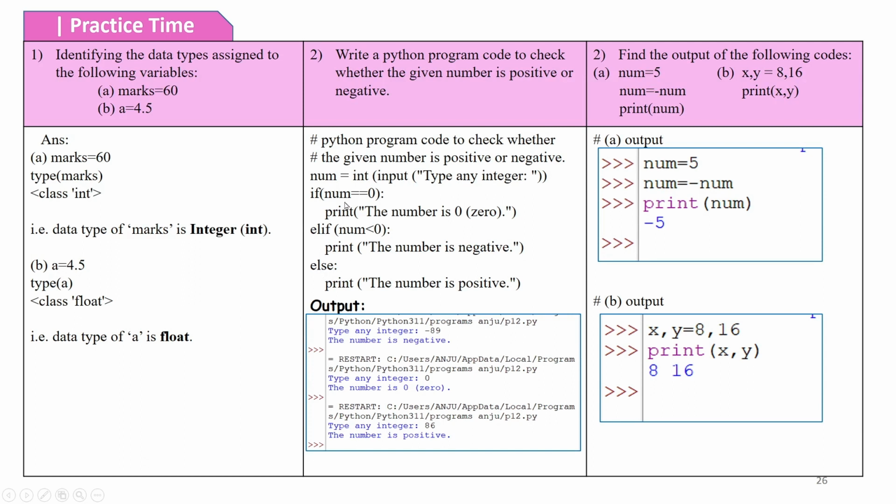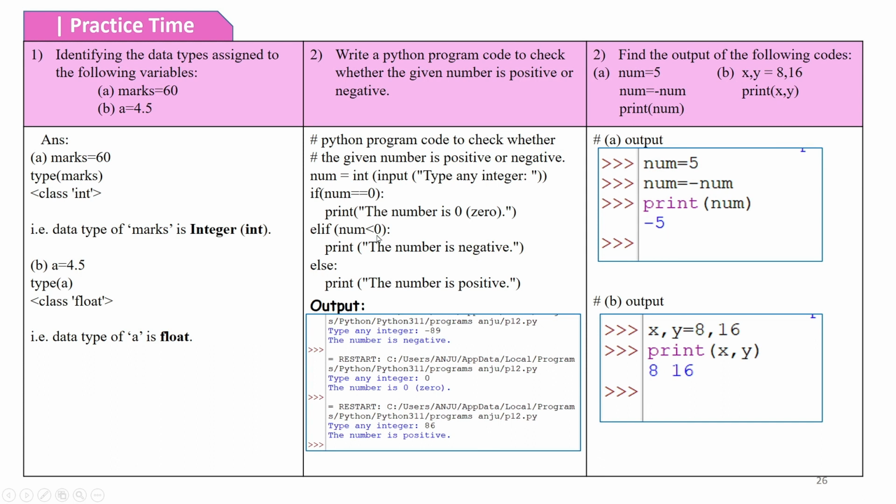And what is the syntax for this? That means the grammar of writing it is: if number equal to 0, and then the colon after that. When you press the colon, it comes in the next line, but a tab ahead. I have given the print command here: the number is 0. Elif num is again checked against 0.